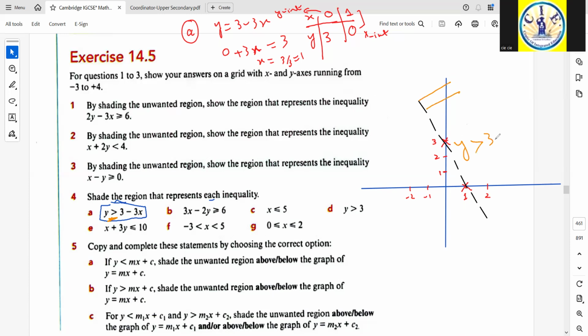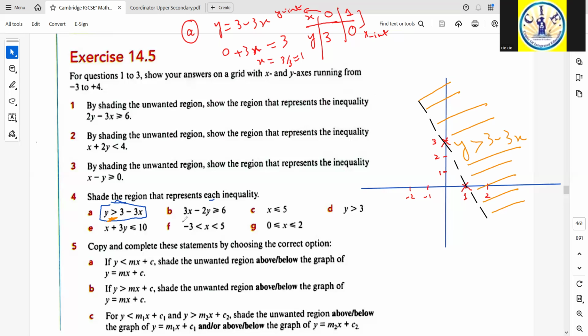So y greater than 3 minus 3x is this region. So I need to shade this one. So this completes this question.